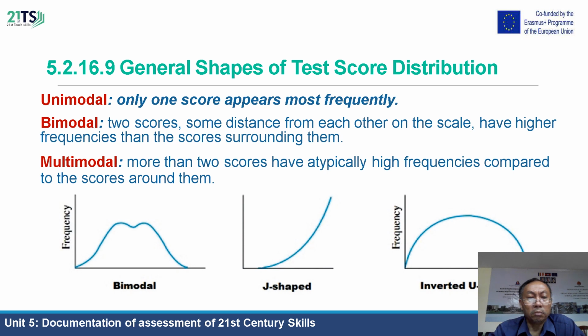Unimodal means only one score appears most frequently. Bimodal means that two scores, some distance from each other on the scale, have higher frequencies than the scores surrounding them. Multimodal means more than two scores have noticeably high frequencies compared to the scores around them.